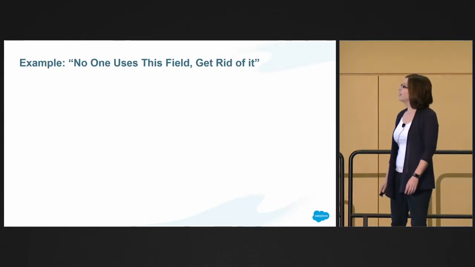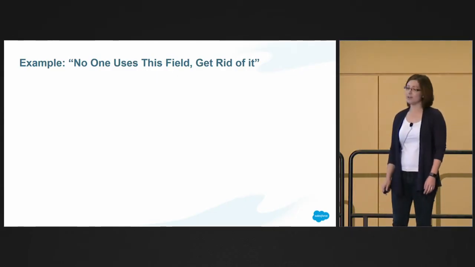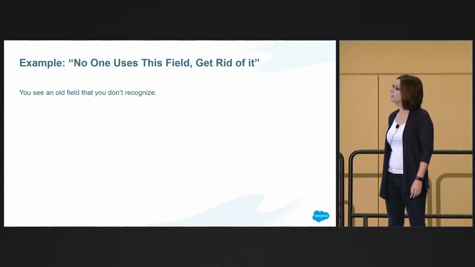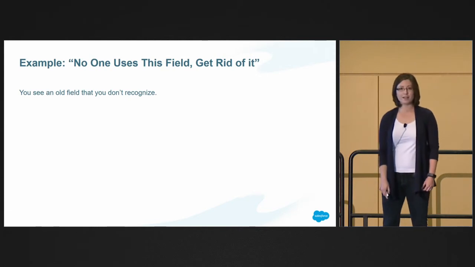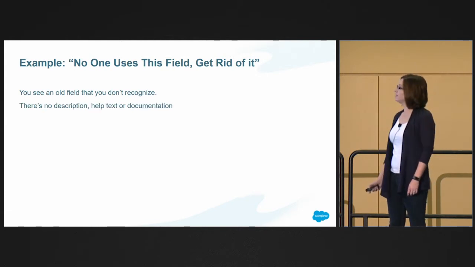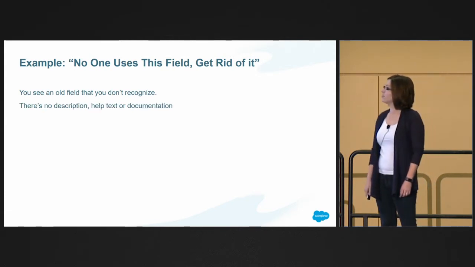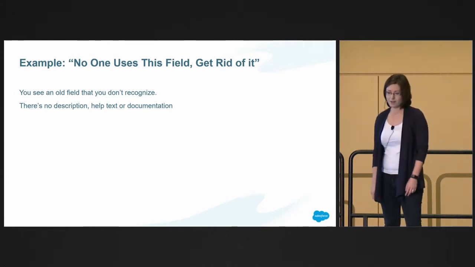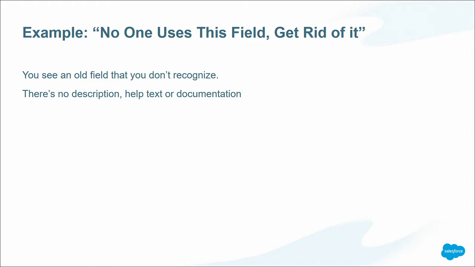Here's my favorite example. I've done this more than once. I've determined no one uses this field, and this is my process of elimination. I don't recognize it. That's enough. There's no description, help text, or documentation. Obviously, I add a description to every field that I have in Salesforce. So that's clearly an aberration.